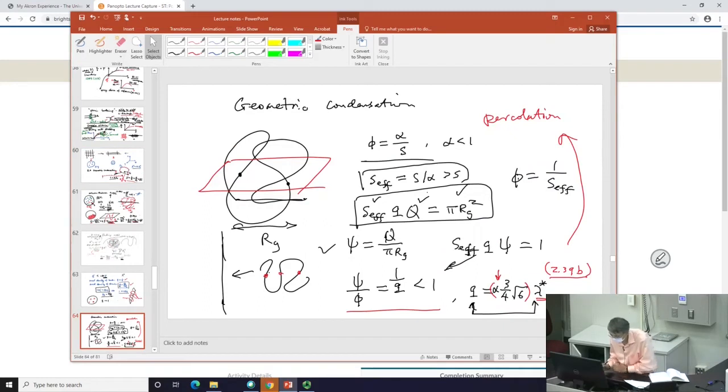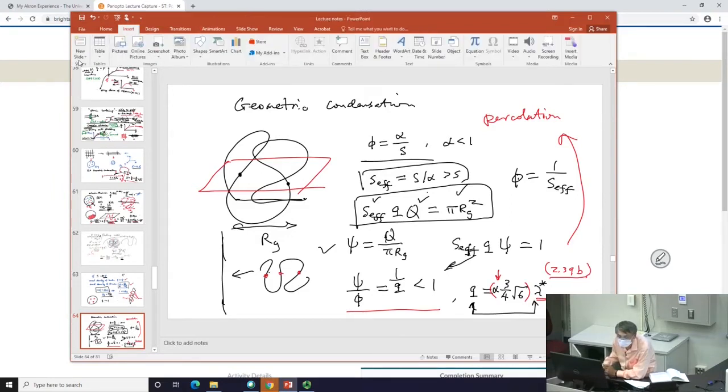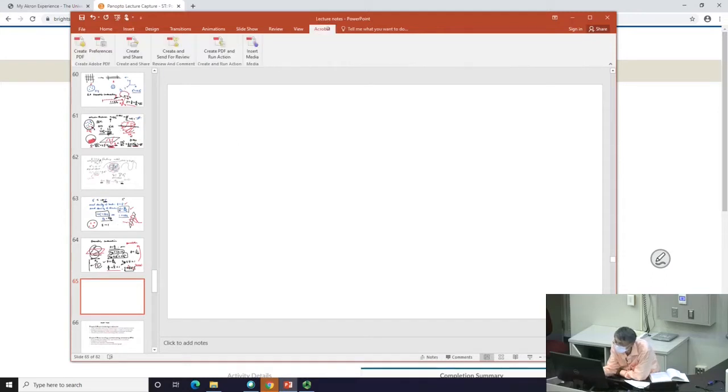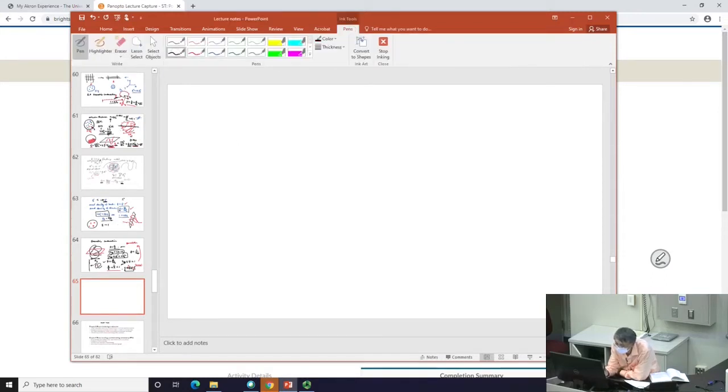So now, as I stretch, my area will change by a factor of lambda star if I think I can stretch this coil to become fully aligned, fully stretched.